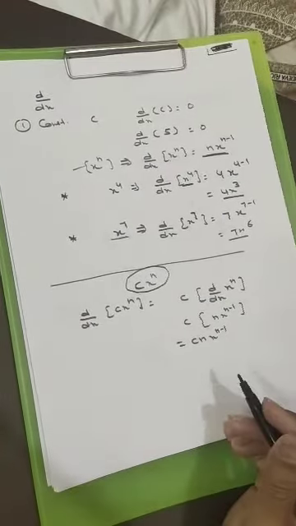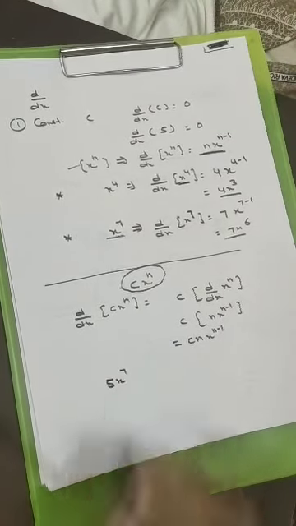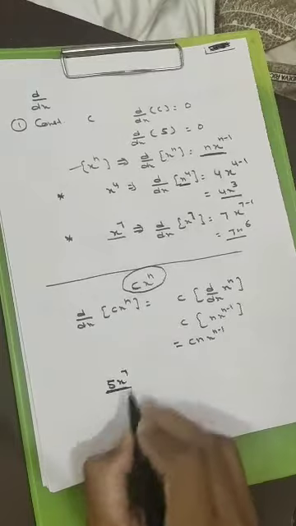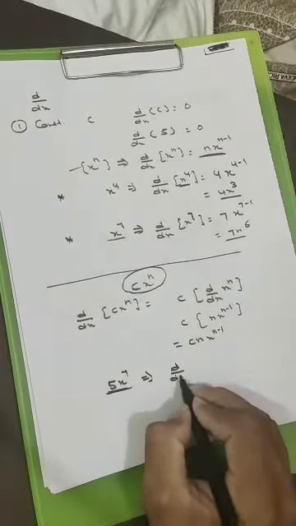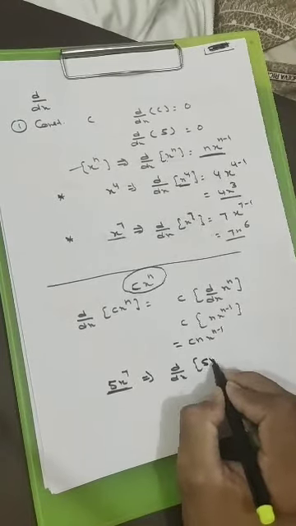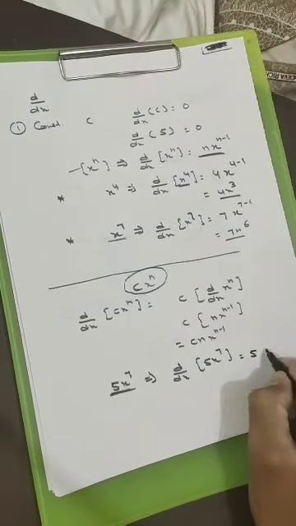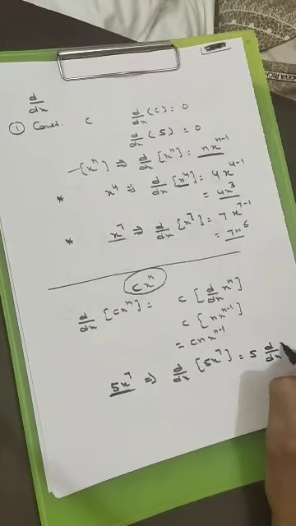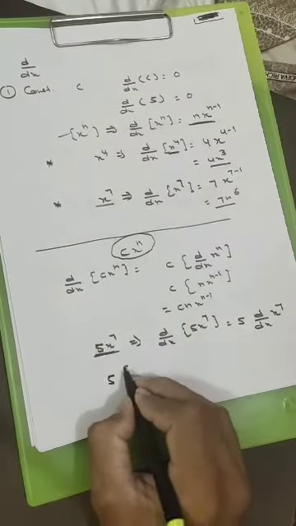Let me explain to you with an example. For example, 5 x raised to power 7. We want to find the differentiation of 5 x raised to power 7. What you will do: d by dx of 5 x raised to power 7. Bring the constant outside, 5 as it is, d by dx of x raised to power 7.